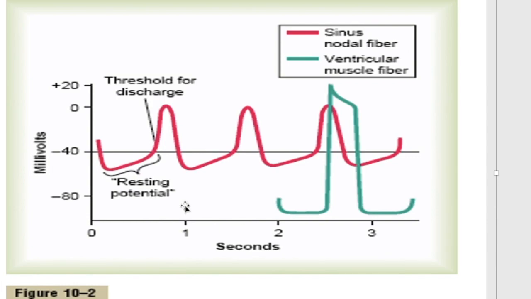We are talking here about the nodal cells, the pacemaker cells. That is why the pacemaker cells do not have a phase 0, because they do not have a sodium current. There is only a calcium ions current which drives the upstroke of the action potential.